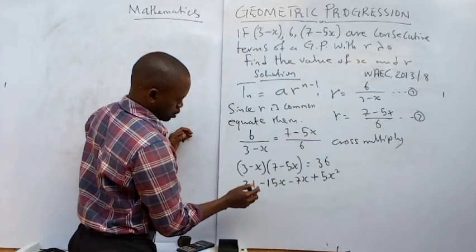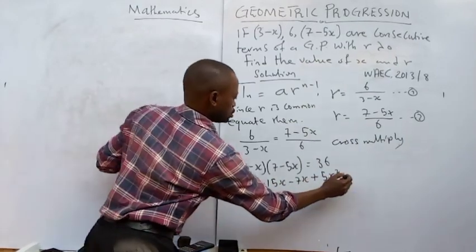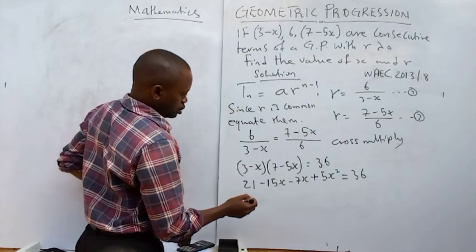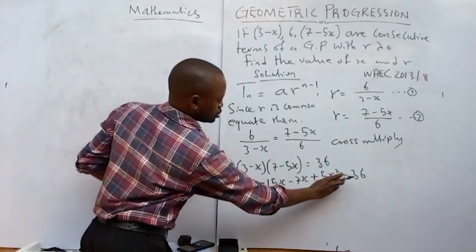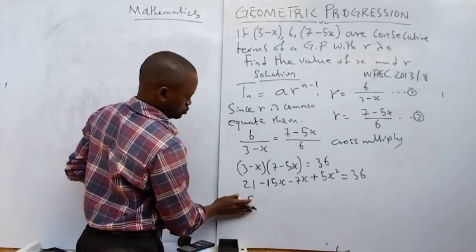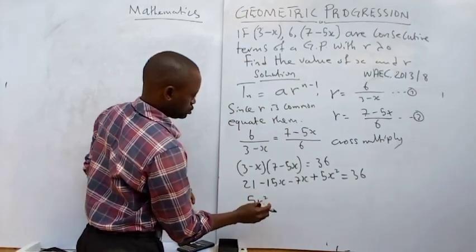So we say equals to 36. All right, I'll collect the like terms. If I collect the like terms, I'll bring this term forward so that it can be 5x squared.